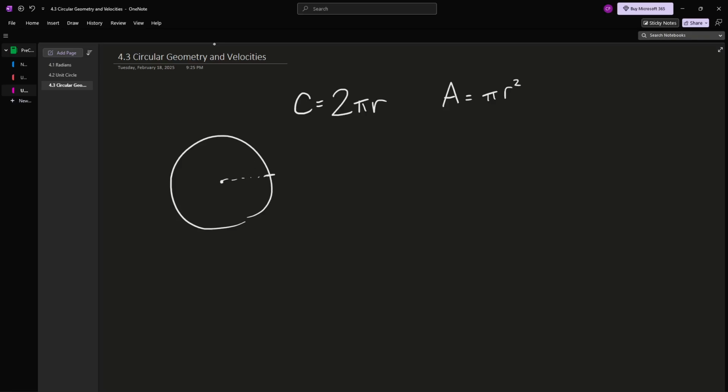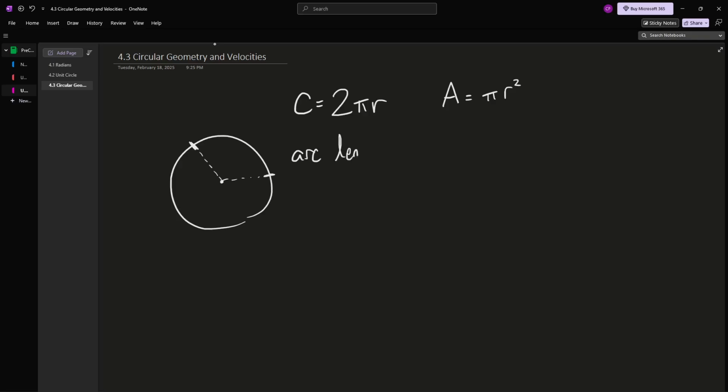So let's take this section right here. I want to take a little section of this circle, and let's see how that relates to these two measurements. Circumference is my whole perimeter, but now I don't want my whole perimeter. I just want, how long is this arc? And we call this arc length.